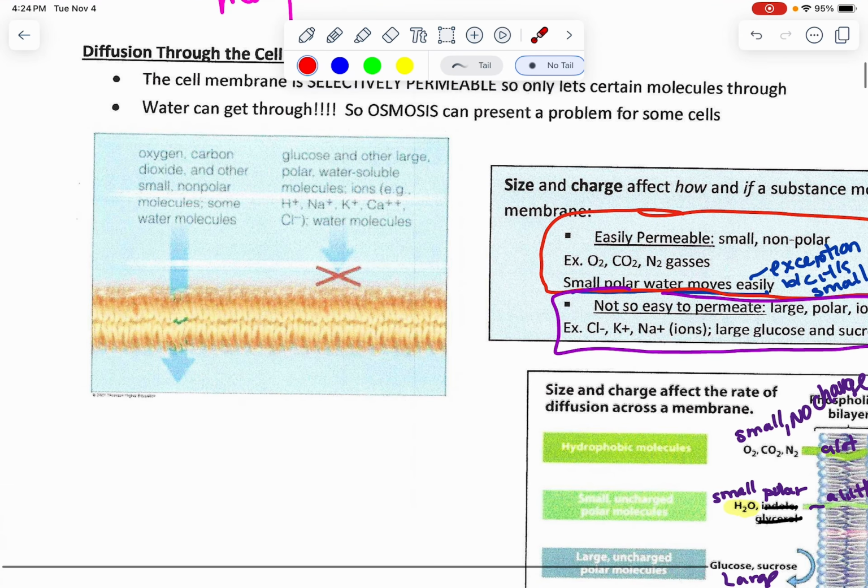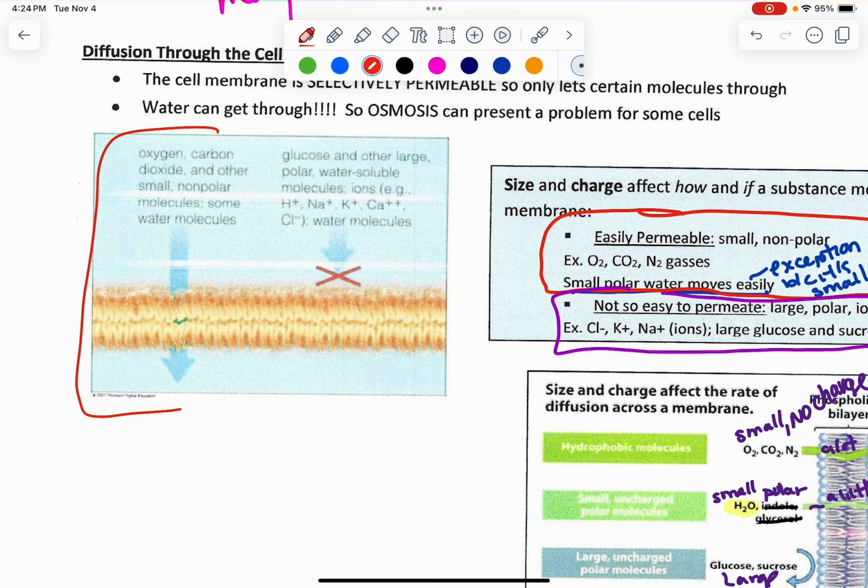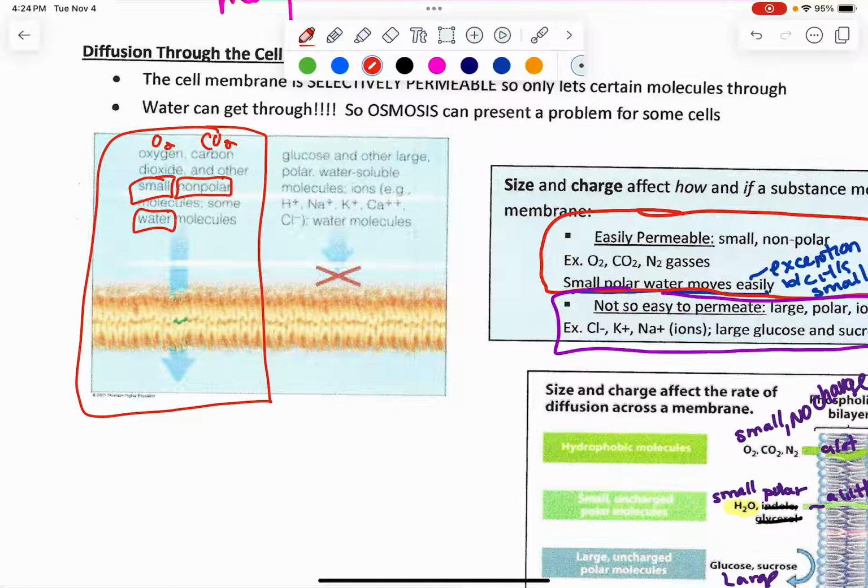So that's what this picture is showing you: oxygen, carbon dioxide, gases, small, nonpolar, and water, even though it's polar, it's small. Water can always get across, and we're going to see that's going to be a problem. But these things can just squeeze right through the phospholipid bilayer.